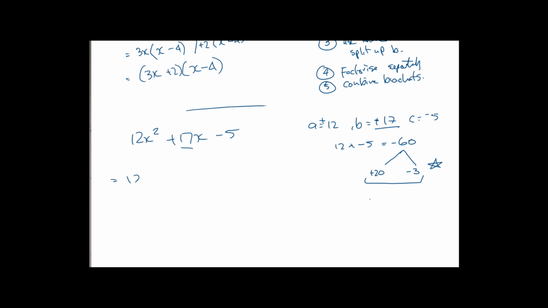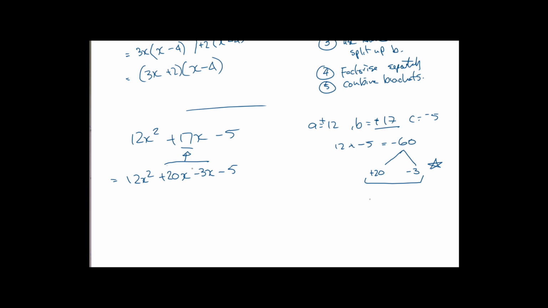That's the equivalent of 12x squared plus 20x minus 3x. Now just convince yourself that is the same as that. All I've done is cut that 17 up into two pieces.